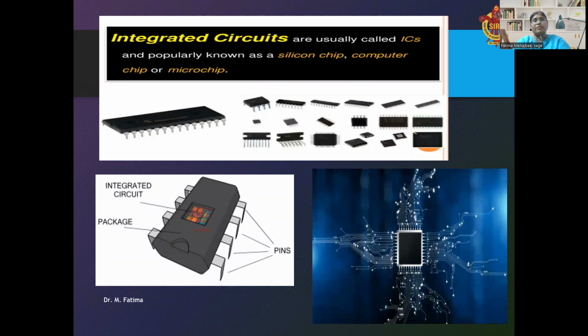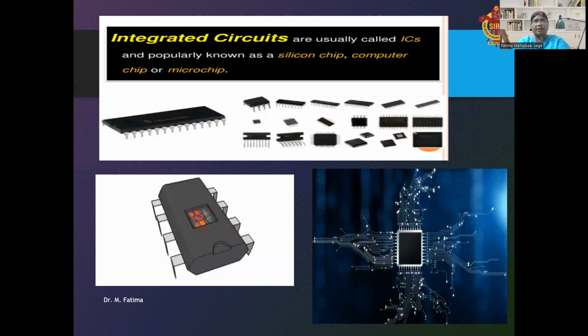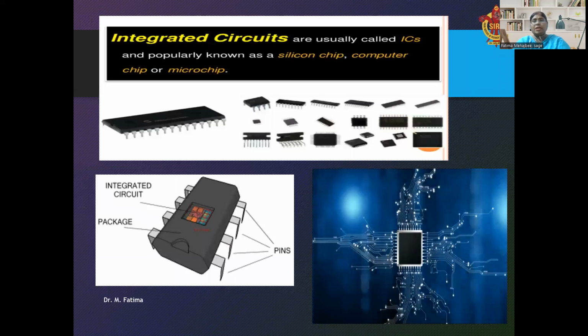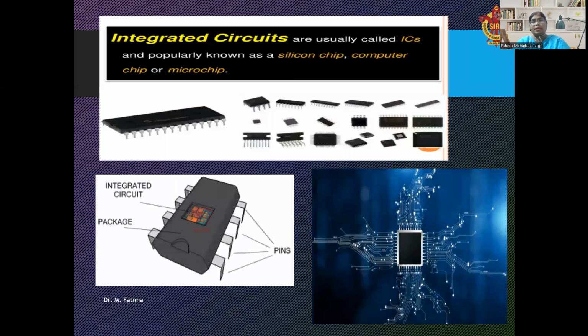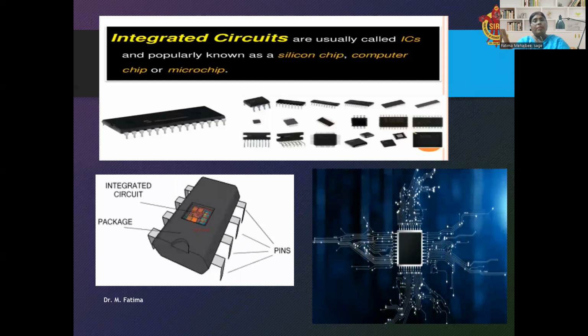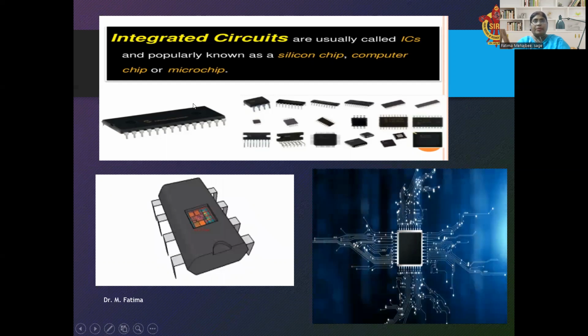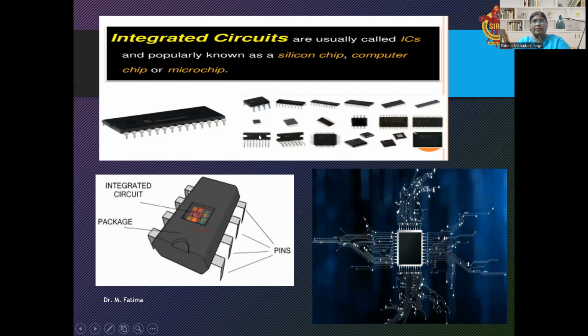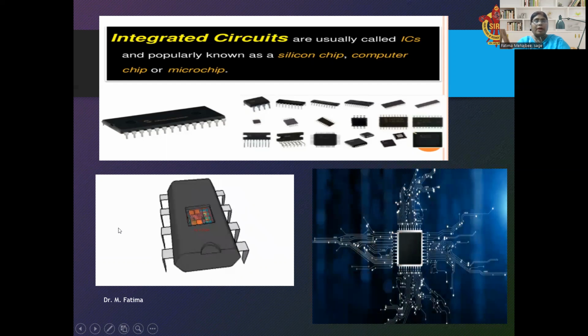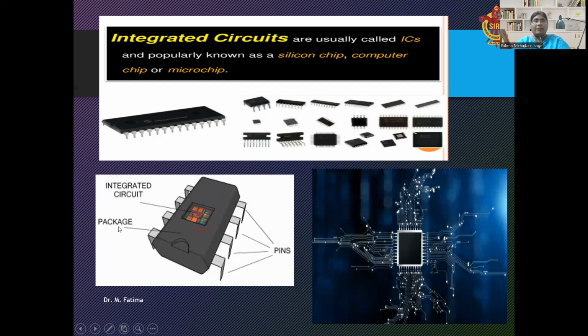Operational amplifier is available in the form of integrated circuits. Integrated circuits are usually called ICs and also called silicon chip, computer chip, or microchip. This diagram is showing different forms of ICs. Now this diagram is showing the pin configuration.